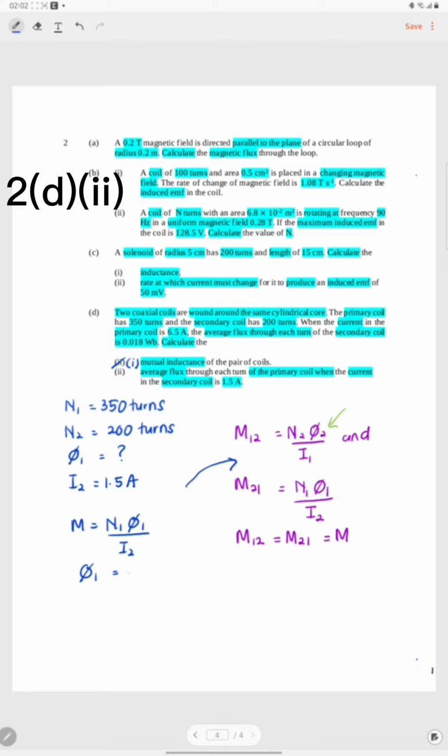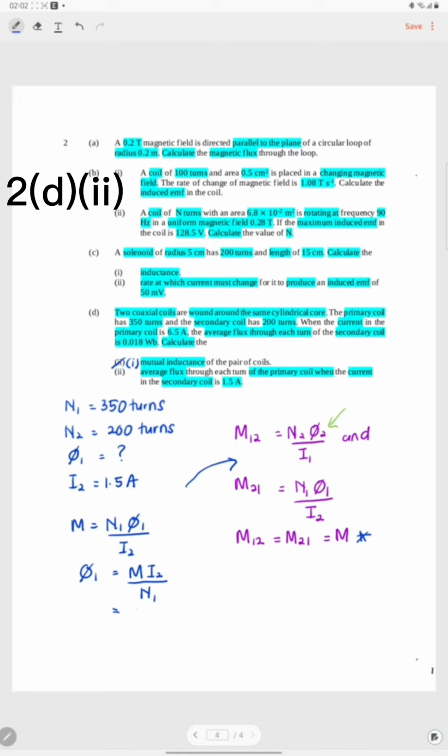Okay, so magnetic flux 1, if we rearrange the equation, is M times I2 divided by N1. The mutual inductance is what we calculated in the first part, which should be the same here.